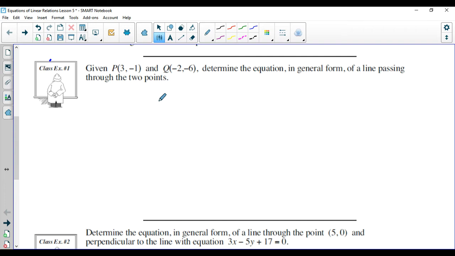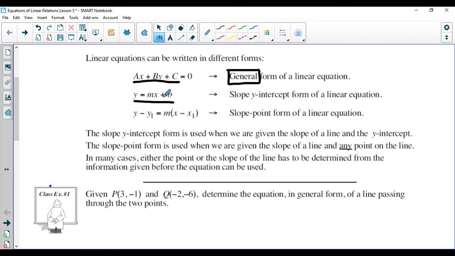So really the question to start off with is, based on the information given, what would be the easier equation to deal with? Would it be the y equals mx plus b equation, or would it be the y minus y1 equals m times x minus x1 equation?